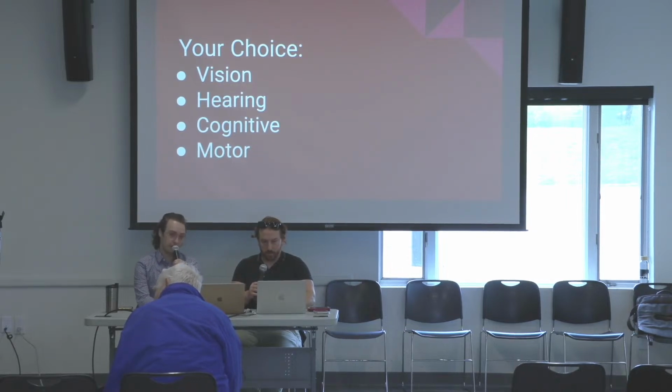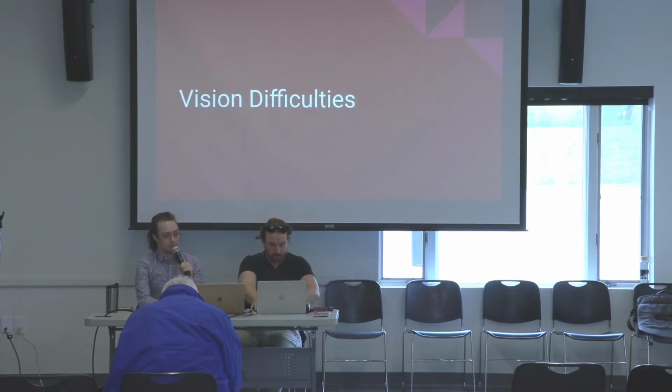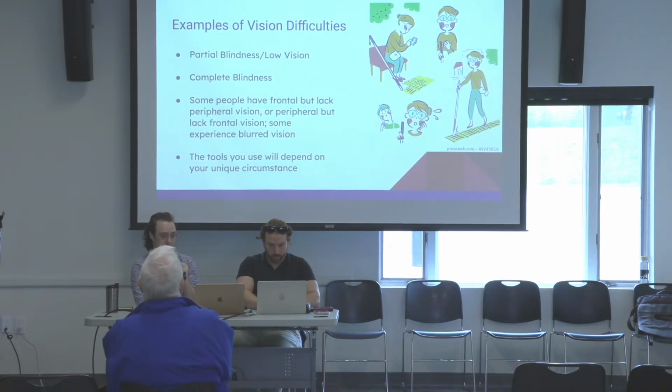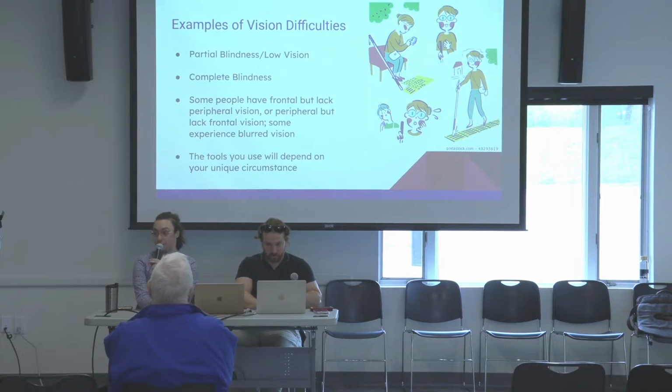But if you're in the chat and you have a particular interest, let us know, and we will cover that. Moving on to vision difficulties. As Mark said, there are a lot of different categories of visual impairments, and it's going to look quite different for each person.